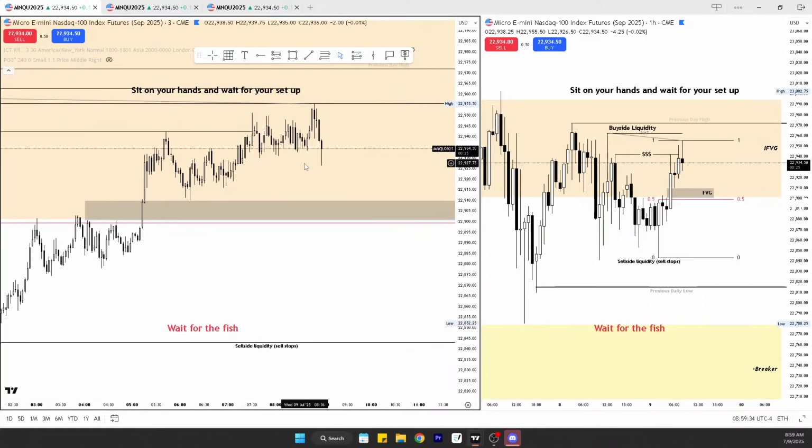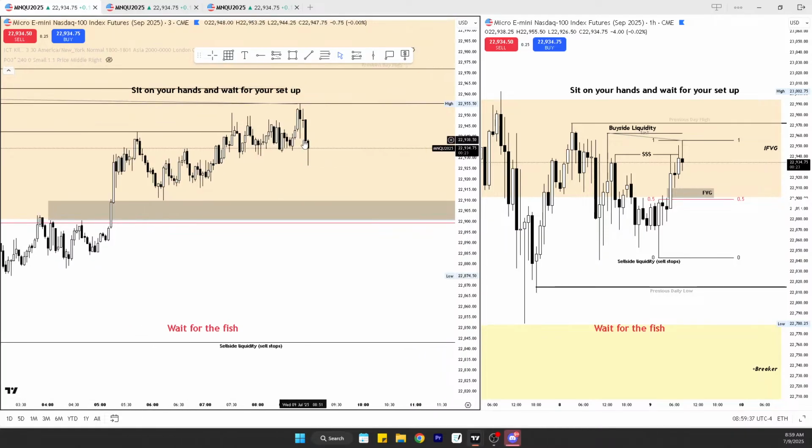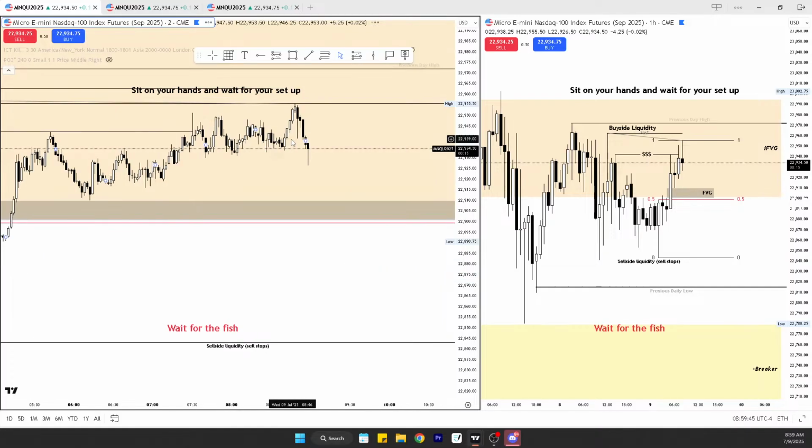We actually could take a trade right here. Actually, what I want to take is a sell right here. We could possibly take a trade right here, y'all. Let's see what this 1 minute is talking about.